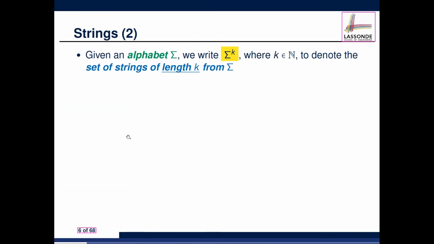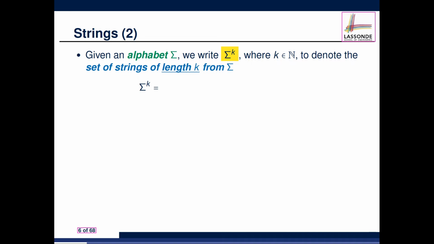Okay, so when I say sigma to the power of k, it's going to be the set of strings of that particular length. Let's see some examples, and then we have some little exercises for you to do. Can anyone try to define what I just showed you as an informal description in English? Can we formulate it using set comprehension?